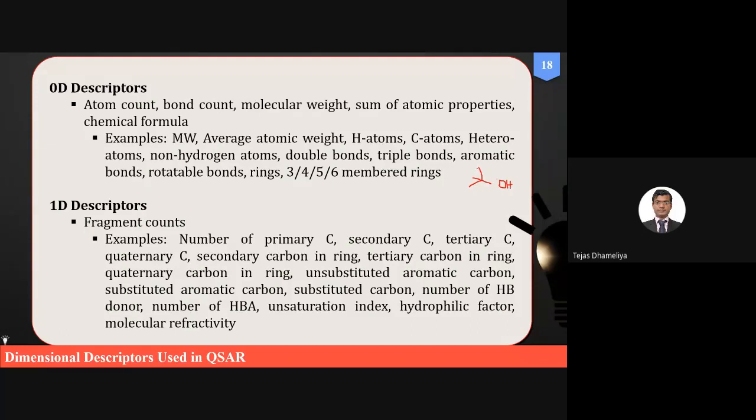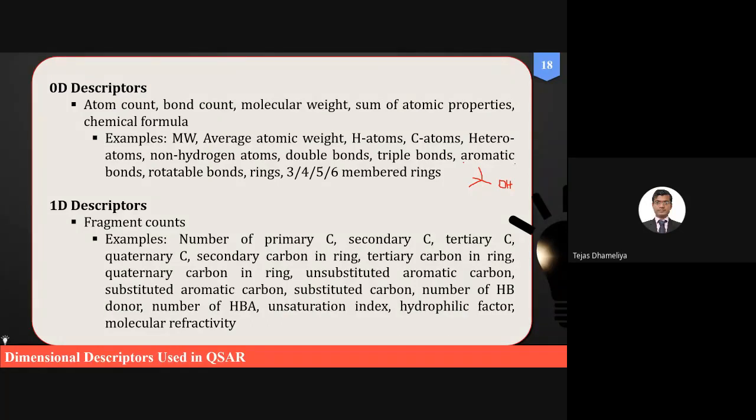If I'm not mentioning anything at the end of a bond, the chemist will understand that a methyl group is present. So this is the structure of tertiary butanol.